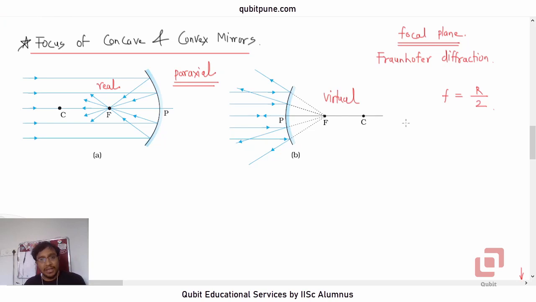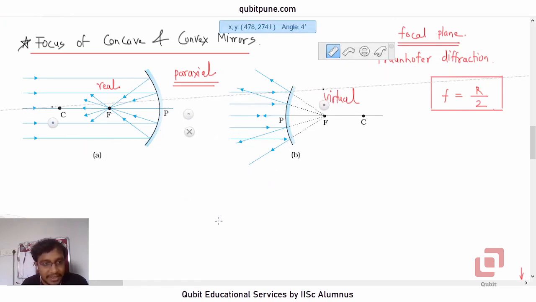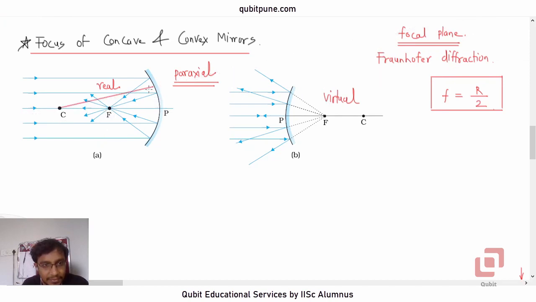The mathematical relationship which connects the radius of curvature of the mirror and the focal length of the mirror is f equals R upon 2. What is R here? R is the radius of curvature of this surface.